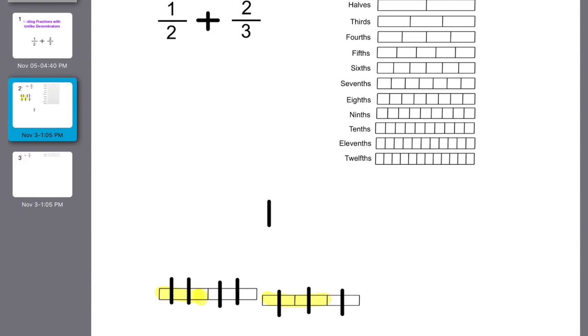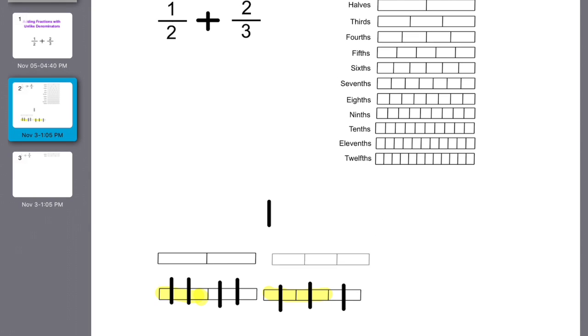And put them next to each other. What I also want to do is move a 1/2 over here and a 1/3 over here. And do the same thing we just did.